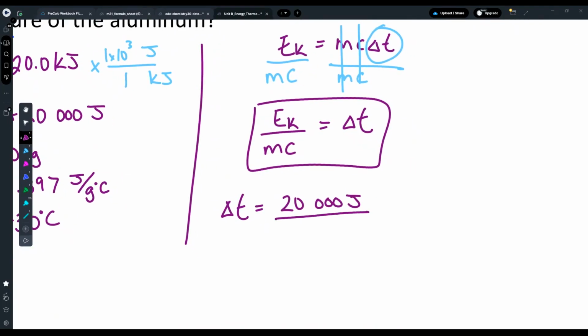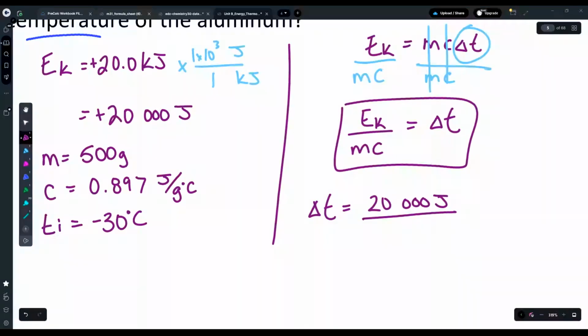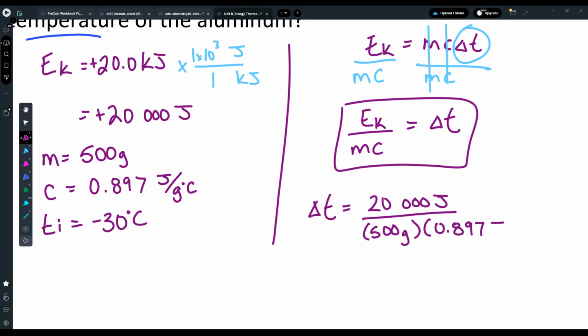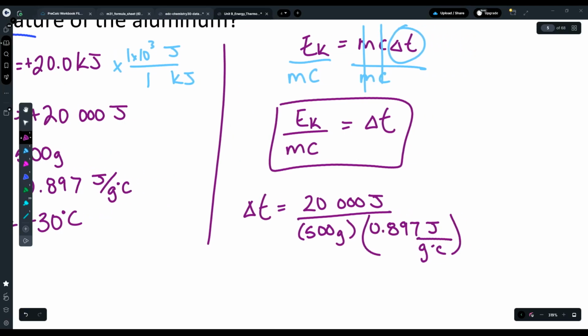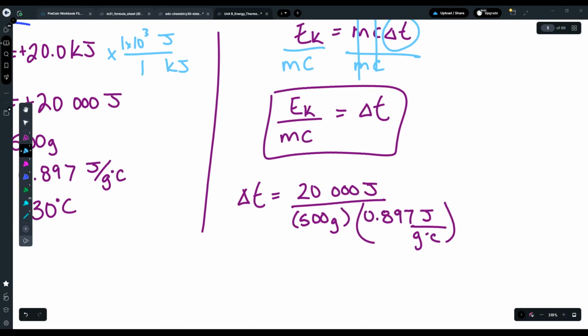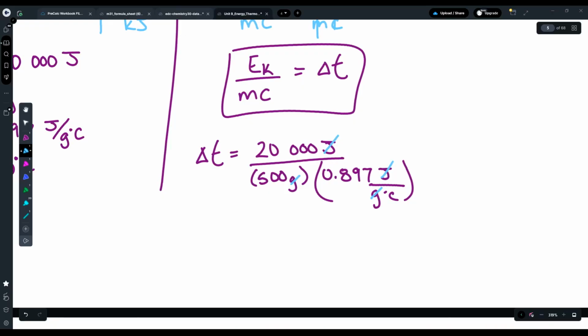All right, so 20,000, and then that's going to be divided by 500 grams times the specific heat capacity. Okay, so what's going on with our units? Grams cancel out. Same with joules. So we're left with degrees Celsius.